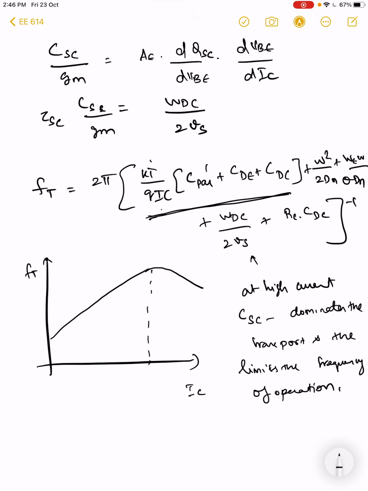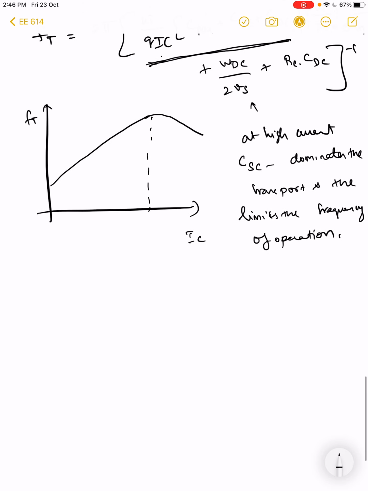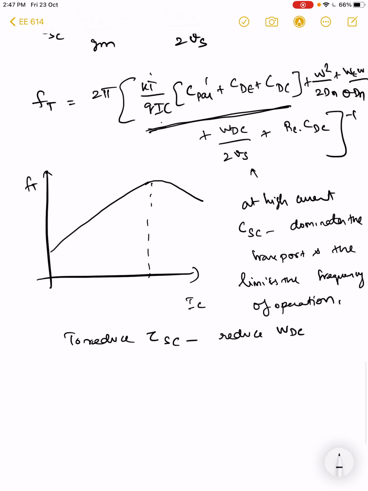So to increase the frequency of operation, you have to reduce WDC, right? So to reduce tau SC, you reduce WDC, and WDC you will reduce by increasing the collector doping density.